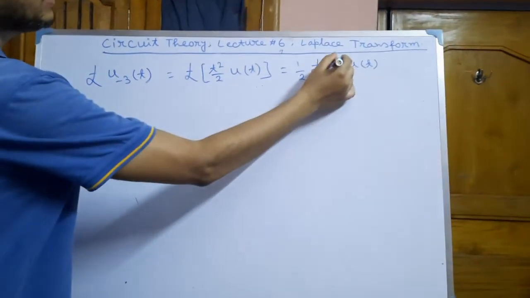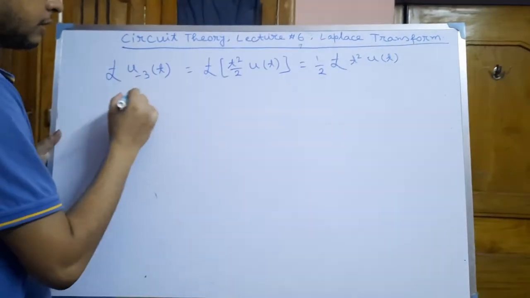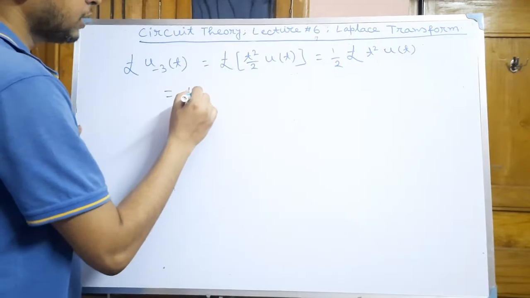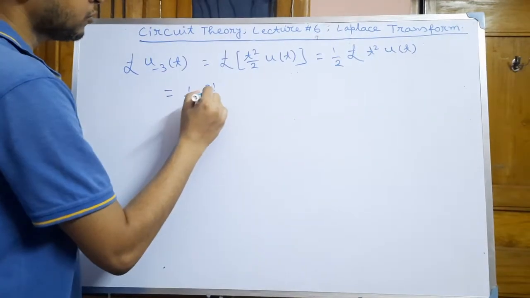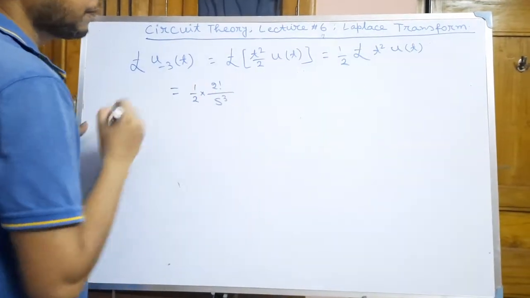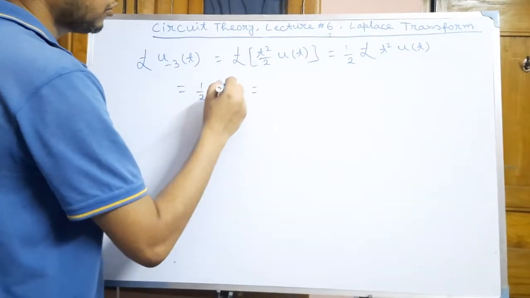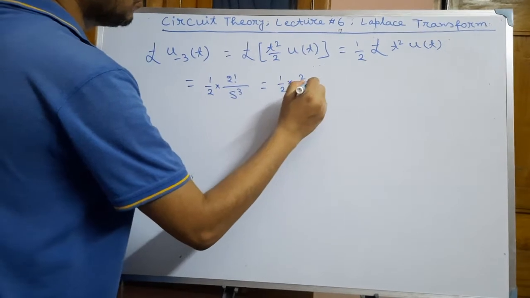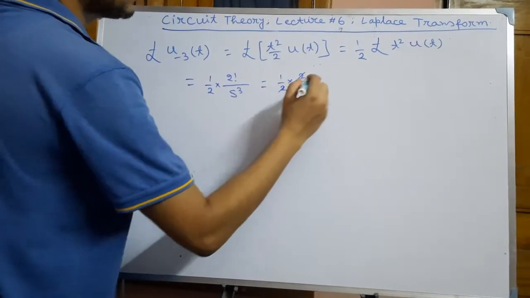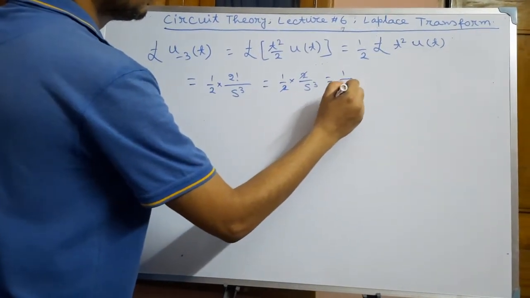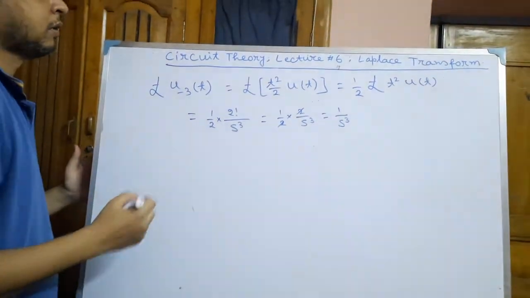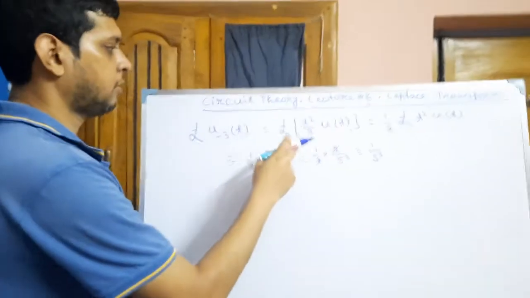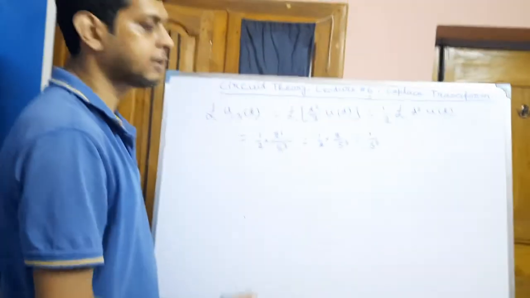So n equal to 2 here. Therefore, put n equal to 2, then we will get factorial 2 by s cube. We all know that factorial 2 equal to 2. So 2 by s cube, these 2 will be cancelled out. So the Laplace transform of the unit parabolic function is 1 by s cube.